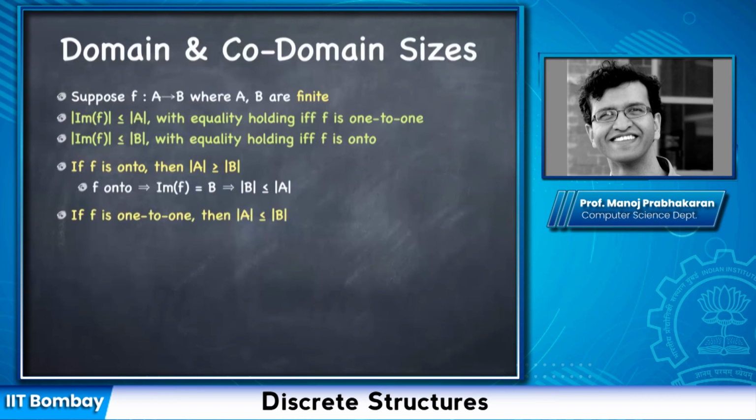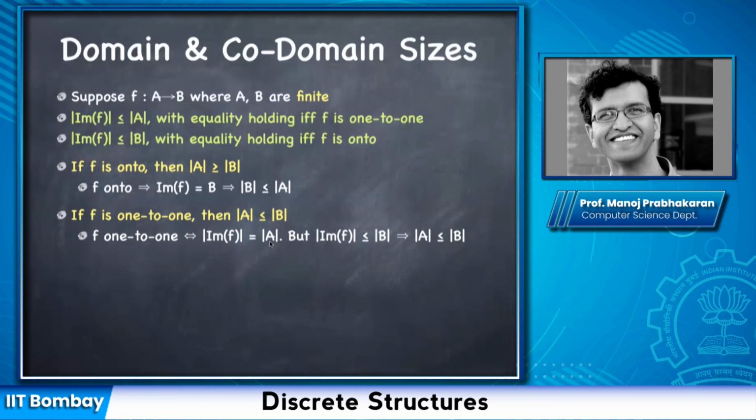On the other hand, if f is 1 to 1, then the reverse inequality holds. If f is 1 to 1, then the size of the image is exactly the size of the domain.